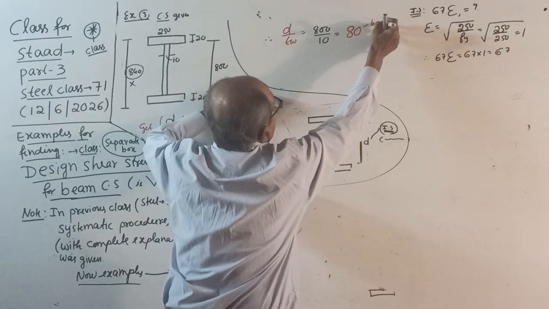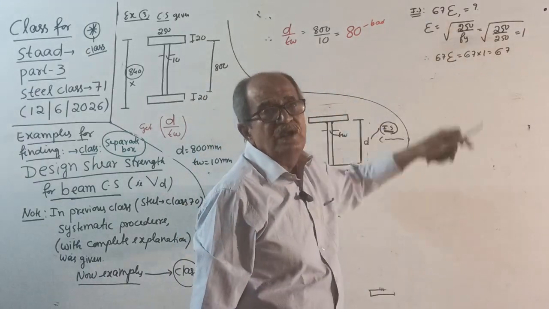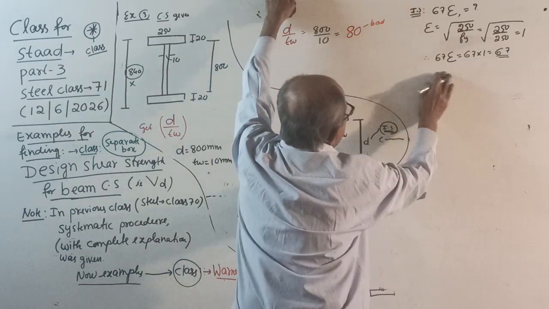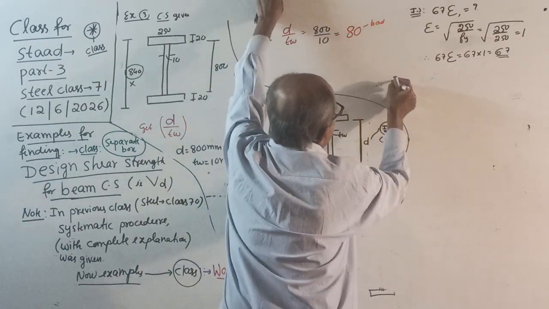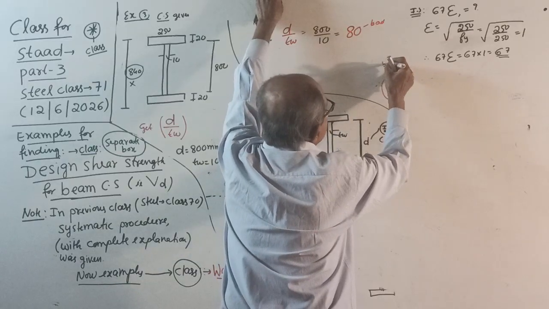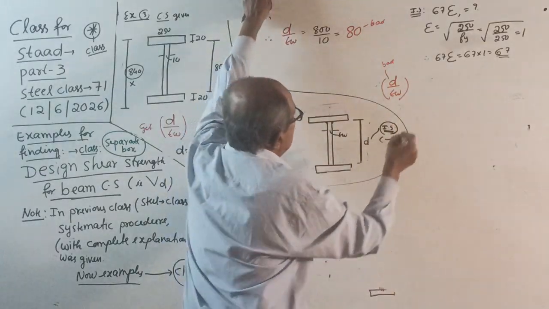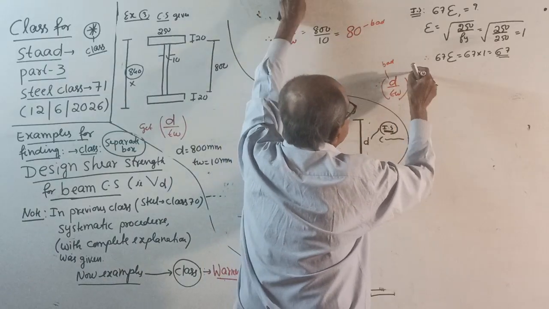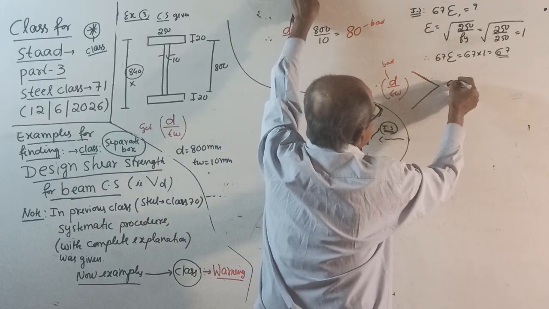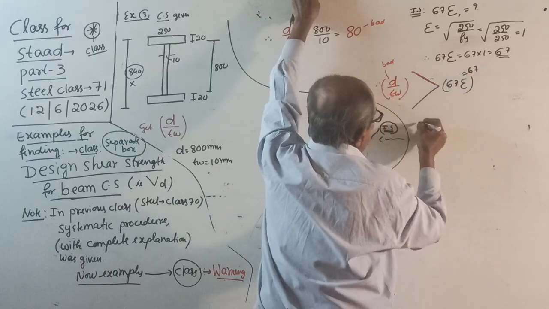This is a pure number, no unit. Now find 67 epsilon. I told you Fy is the same, so it will come to 67. Therefore, D by TW, which is the pure number, this is meant for my students, is more than 67 epsilon, that is 67.